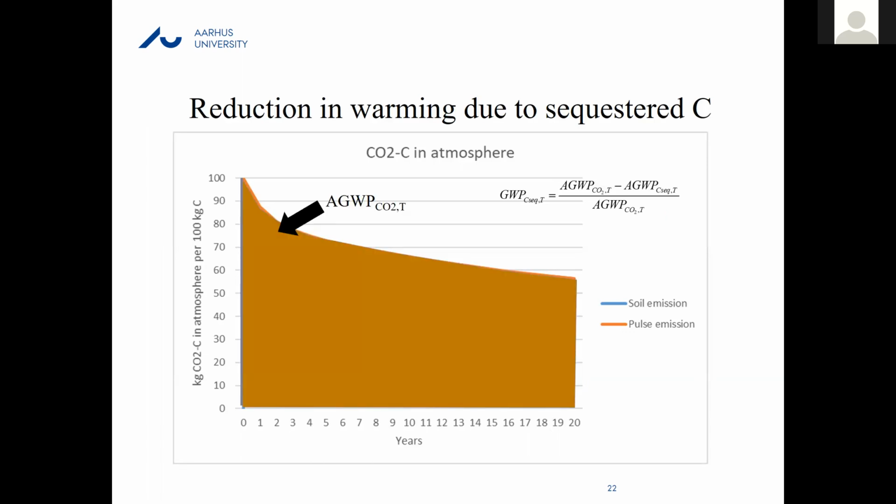The absolute global warming potential of the pulse emission is shown here in orange, and the absolute global warming potential of the sequestered carbon is shown here in blue. The difference is shown here in green, and it represents the reduction in the integrated warming effect of the sequestered carbon.